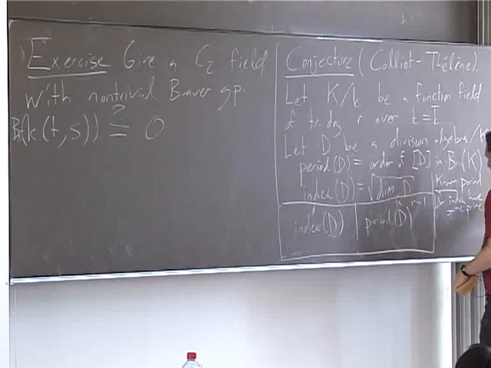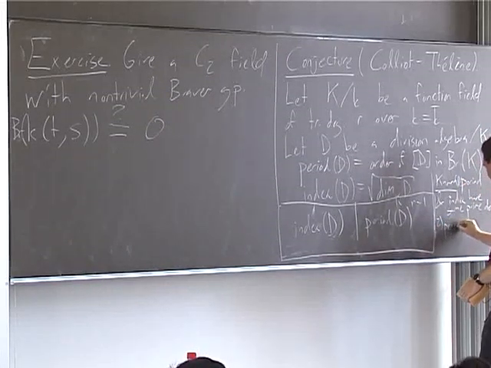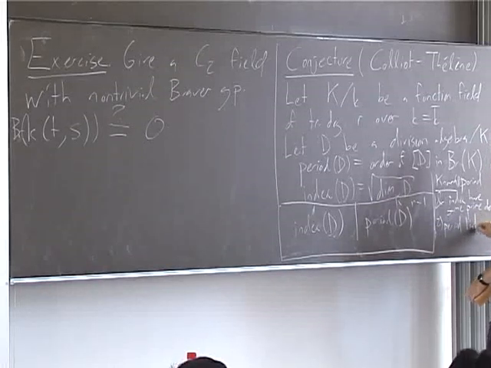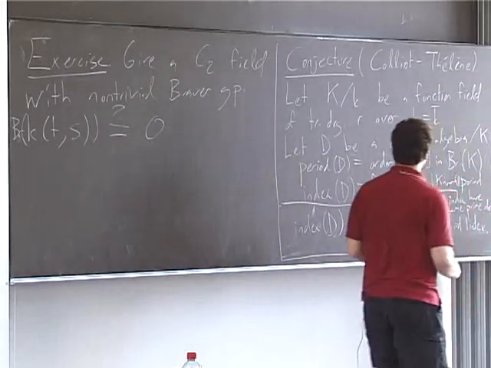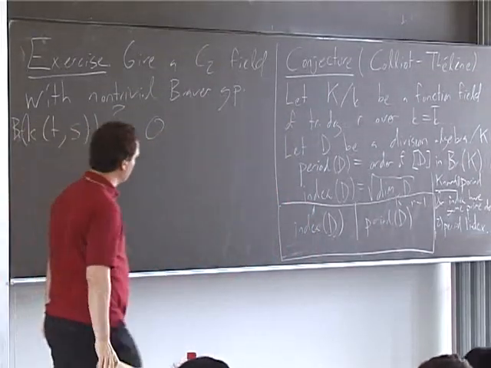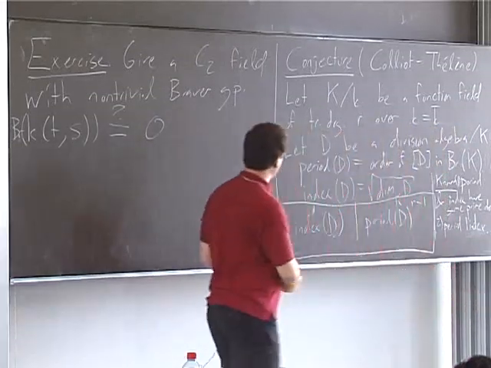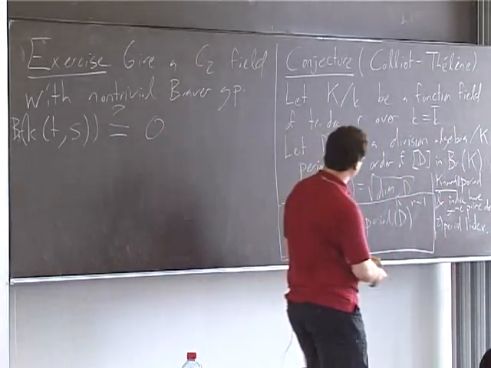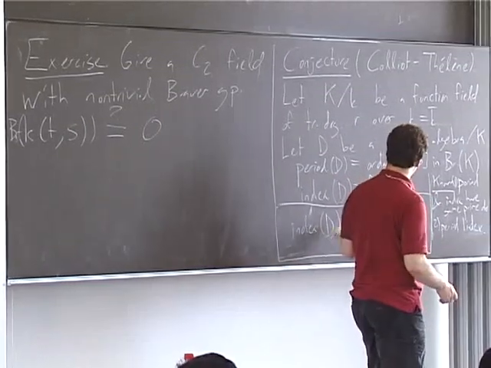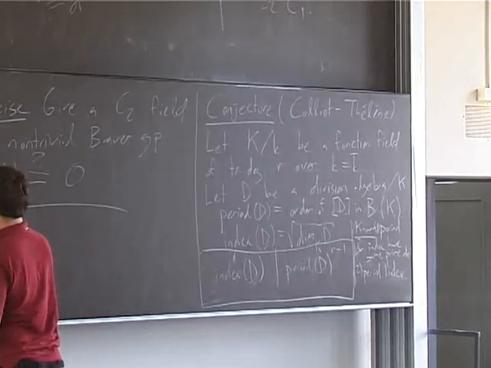The other thing that's known is that the period divides the index. I mean, this is easy. If you take the index, you can find a splitting field of degree equal to the index. And then by corestriction, it follows that the period divides the index. So the question is, what power of the period does the index divide? So r equals 1.